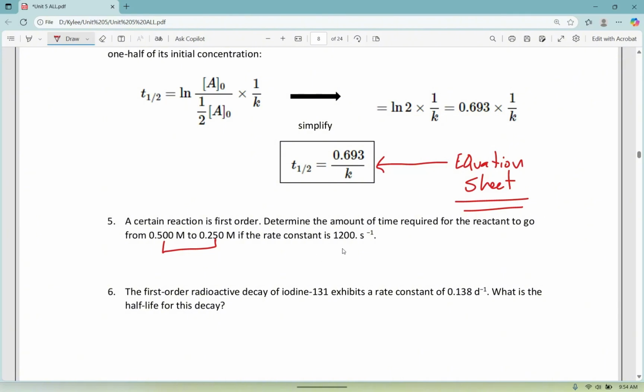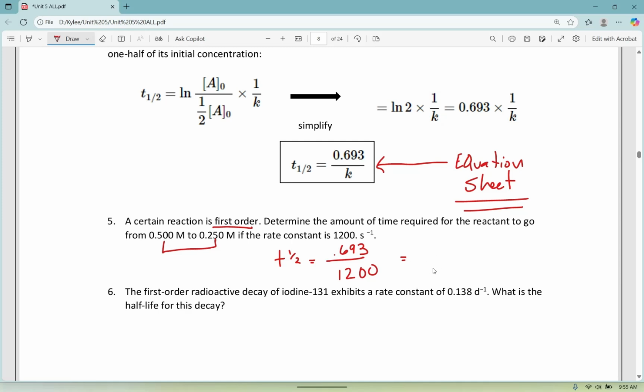They give me the rate constant. So if I know that it's first order and I know that it's a half-life, they're calculating 1/2. It's decreasing by 1/2. I can actually use this simplified equation to do that. So I do 0.693 divided by my K value of 1200. And if I do that, then I get, we should keep 3 sig figs?